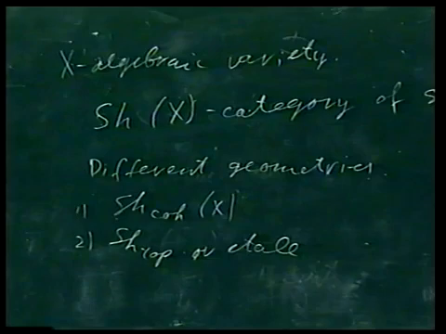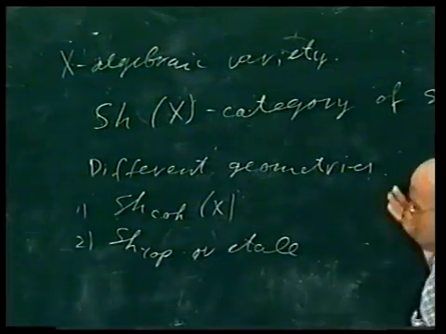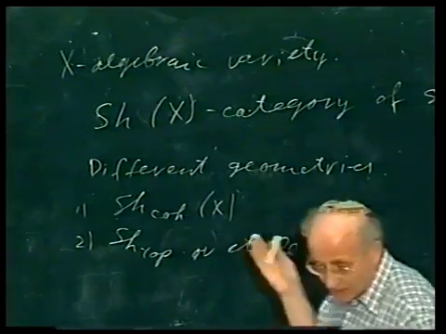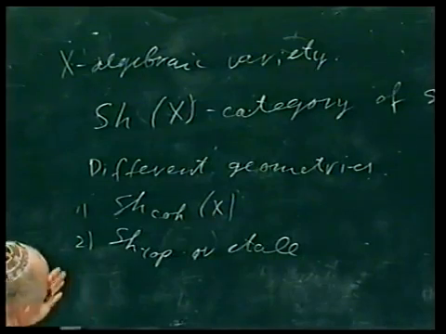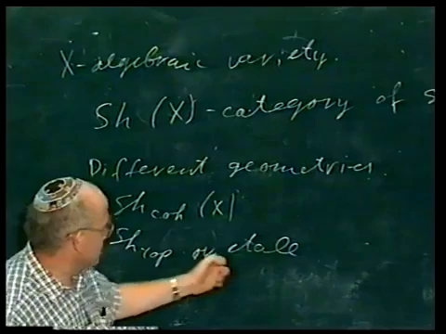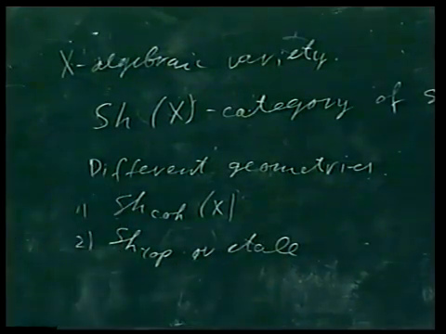So you consider some notion of sheaves, and different notions of sheaves give you different geometries which you want to consider. If you have an algebraic variety, you can consider it either from the point of view of coherent sheaves, or from, for instance, the étale point of view, as a topological space.